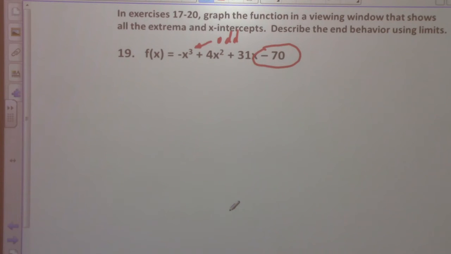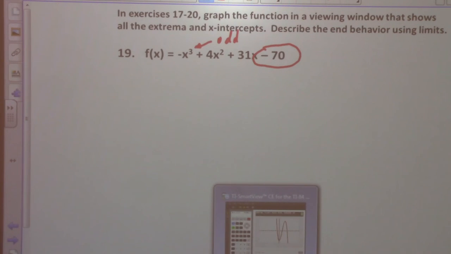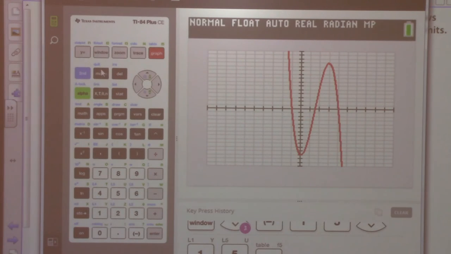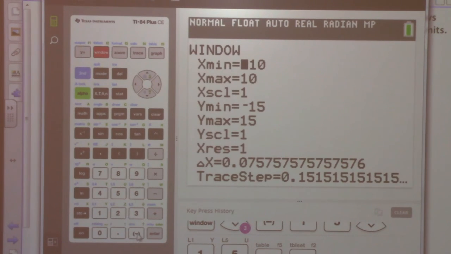What kind of a window did you get on this one? For the X minimum, I put negative 20. And 20 for the X maximum.